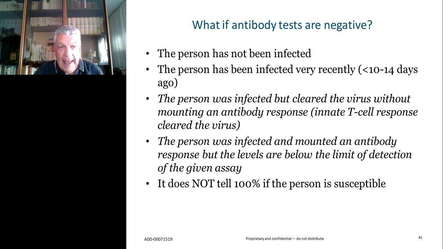Or, and this will become more and more frequent, the person was infected, had some sort of active infection, so mounted an antibody response, but the levels are constantly or for a long time below the limit of detection of any given assay. Again, it depends so much on the kind of population and then the kind of symptoms, if any, that the person may have.